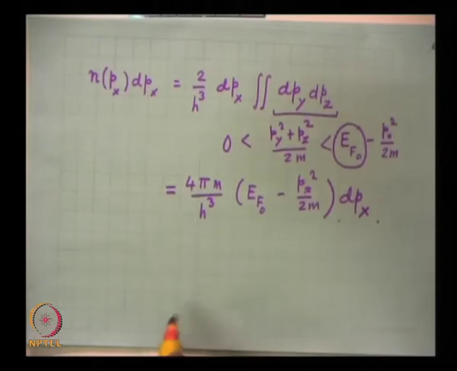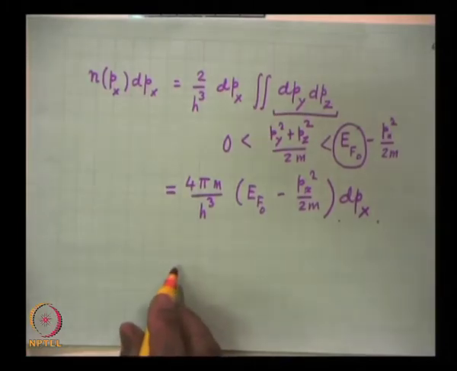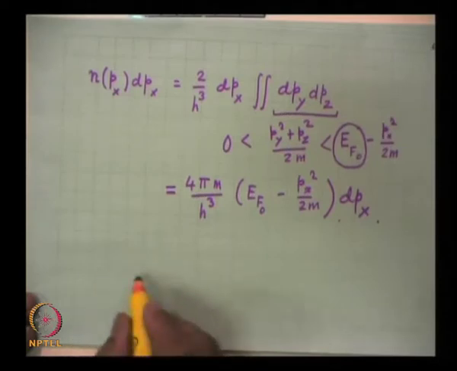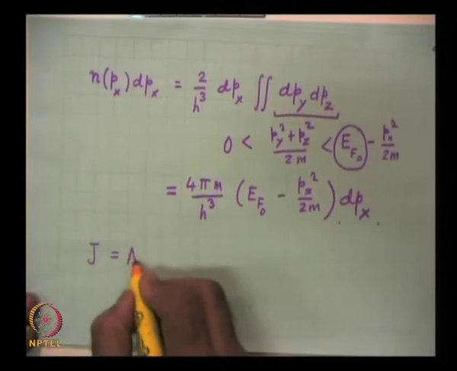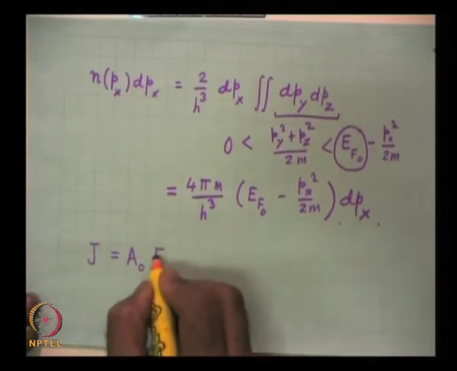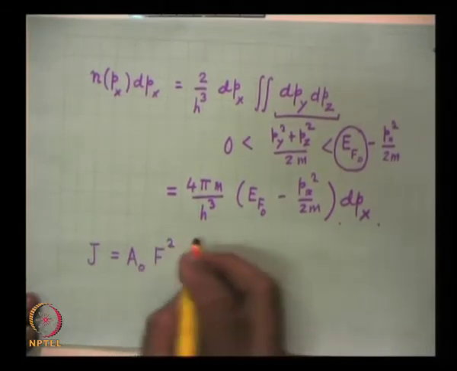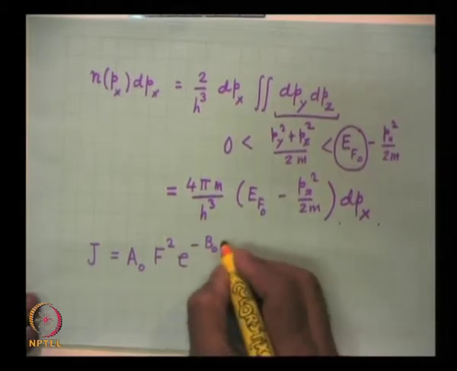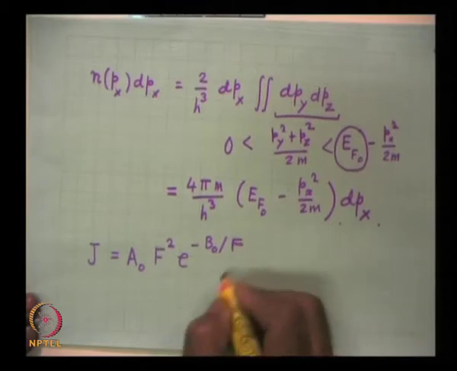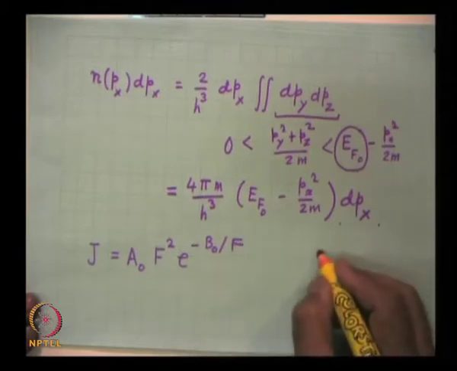The details are given in our book, but since it is not really quantum mechanics, I will give you the final result. The final result is J is equal to A 0 F square, where F is the electric field, e to the power of minus B 0 by F, and F is defined like this.